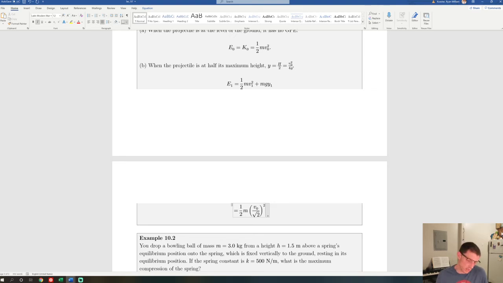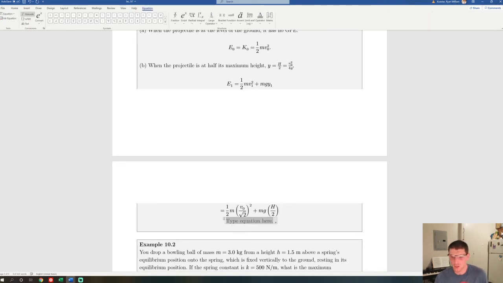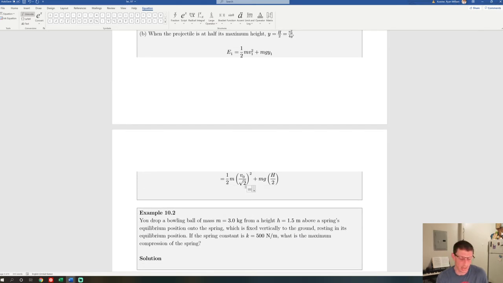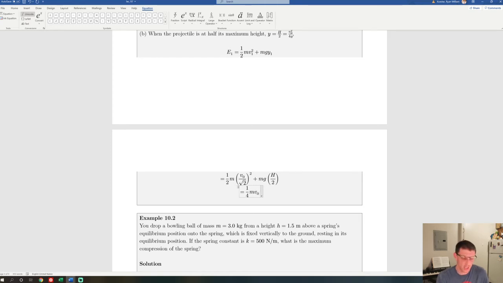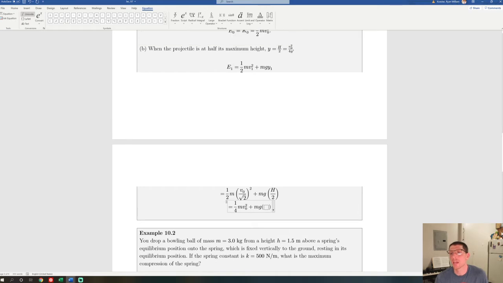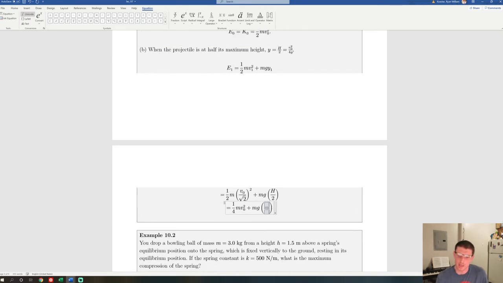And what did we say? We said that y1 is big H over 2, right? So then let's clean this up a little bit. What this works out to be is 1/4 m v naught squared, and then mg times big H over 2, which we already found to be v naught squared over 4g.